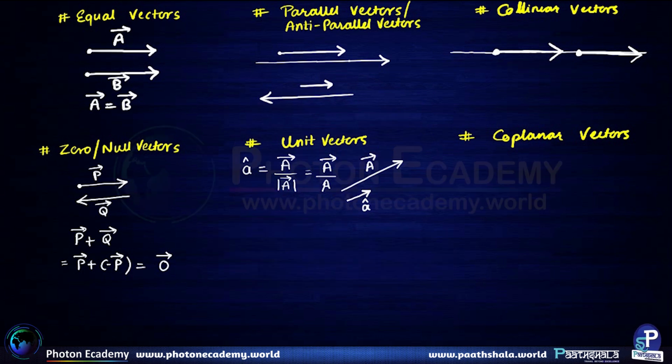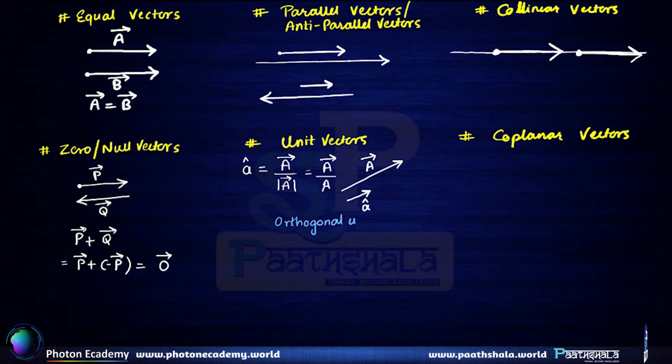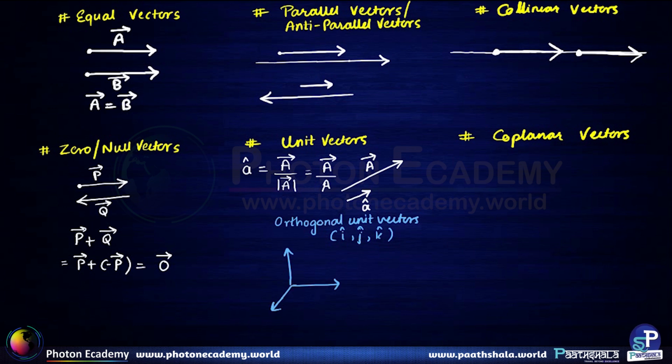So in our literature, orthogonal unit vectors are defined along the x, y and z axis. Okay, so these are the orthogonal unit vectors: I cap, j cap and k cap. So I cap is the unit vector that points along the x direction.